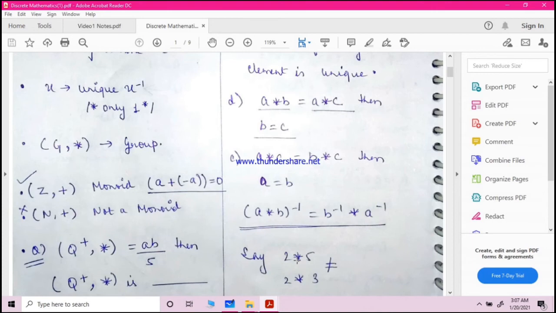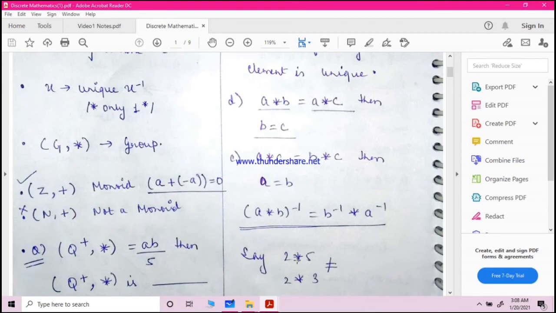This x inverse is always unique, meaning only one inverse exists. So G with a binary operation is called a group if it is a monoid and there is an element E that you get by performing the inverse of that.